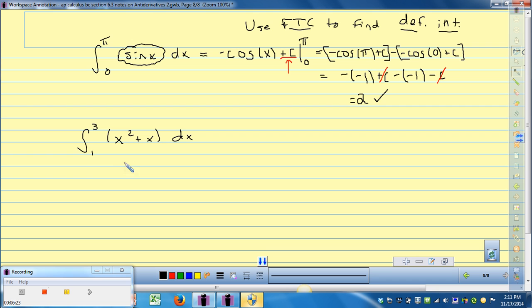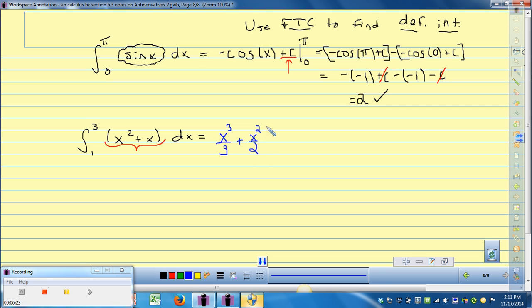All right, let's try one more. Here we're doing the definite integral from 1 to 3 of x squared plus x dx, and we want to use fundamental theorem of calculus to do this. So we start by taking the antiderivative of our integrand, and the antiderivative of x squared is x cubed over 3, plus the antiderivative of x is x squared over 2.